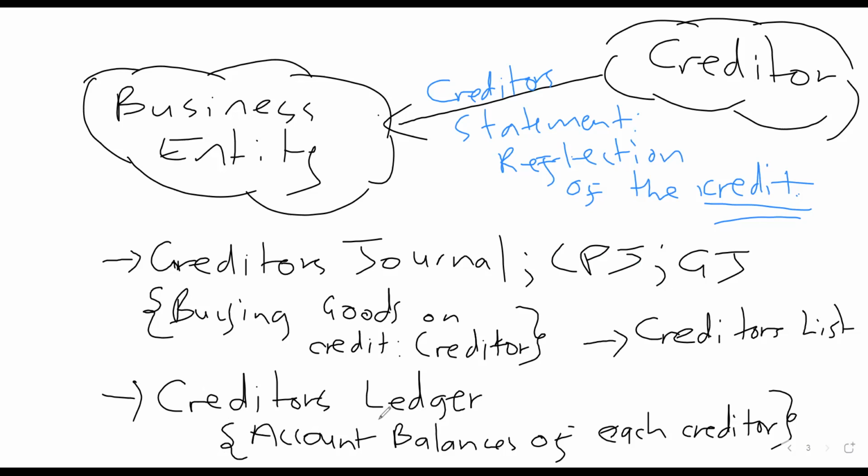So essentially, when we do a creditor's reconciliation, we want to make sure that what we have on our creditor's ledger against our creditor's list is actually communicating the same thing. I don't know if I'm making sense to you. Makes sense.